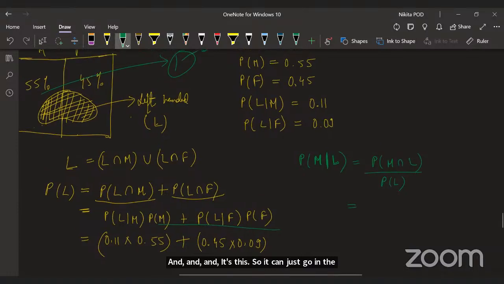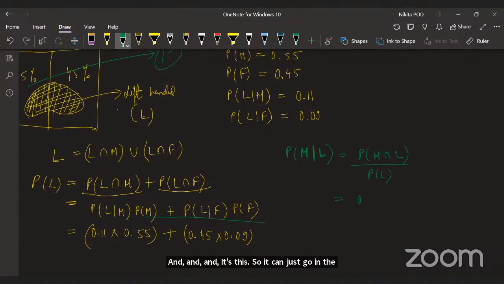In the numerator, M intersection L is probability of L given M times probability of M. So this gives the probability that the person randomly selected from the population is a male, given that the person is left-handed.